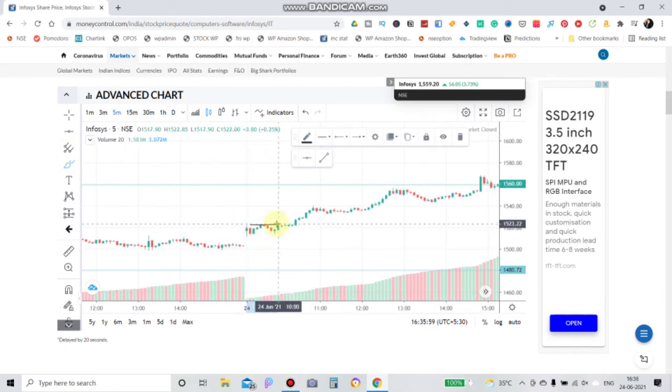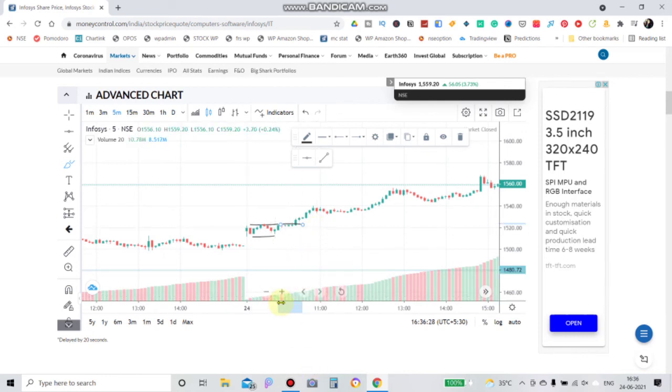Here to here, and here to here, it has been forming a rectangle or consolidation, whatever you call it. After it breaks above this level, you could have entered the trade, because on this side the volume has been increasing.